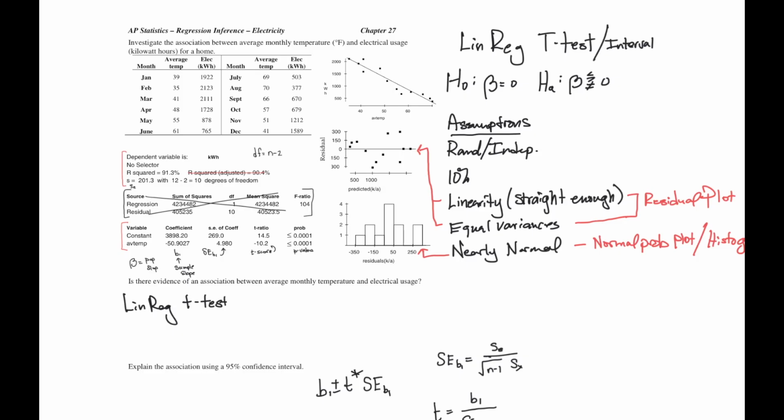The p-value and the t-score, I don't even have to do this in the calculator. The t-score here is negative 10.2. And then my p-value, I don't know exactly what it is, but I'm going to go with what they're telling me. It's less than 0.0001. Of course, my alpha level is probably going to be the traditional one of 5%.